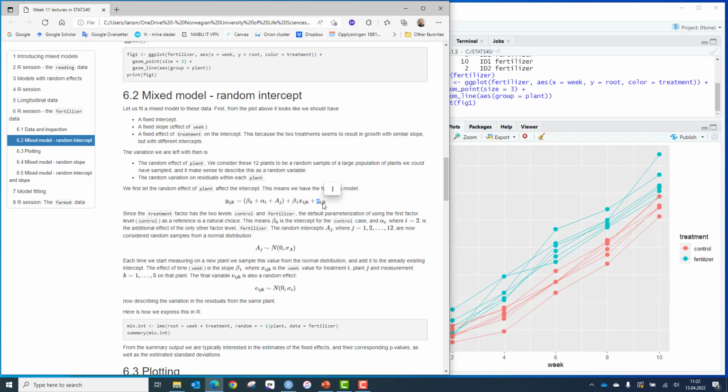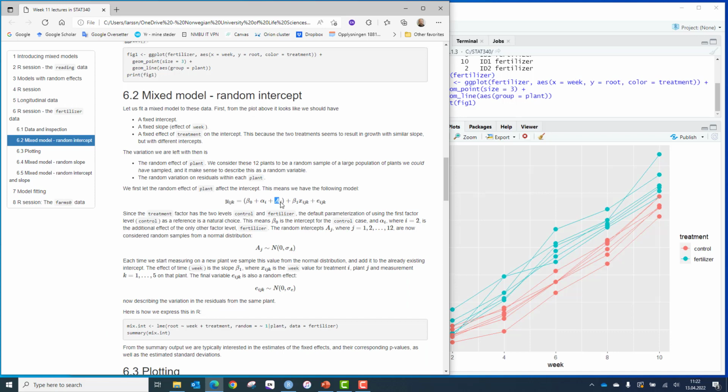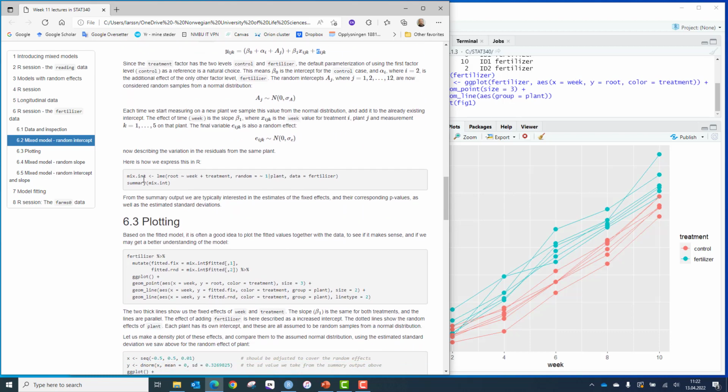And we have the error here, which describes the variation within each plant now. Because this one here describes the variation between plants. This is the variation within plants. Both of them are normally distributed, expectancy 0, with different variances or standard deviations. Let's fit the model and see what comes out.